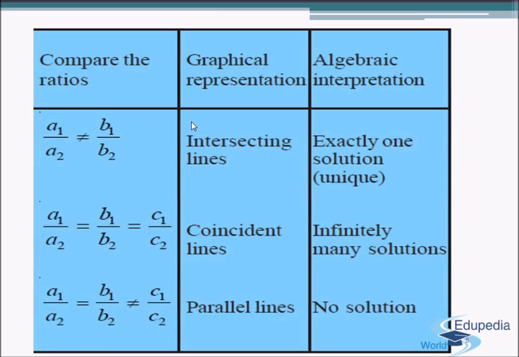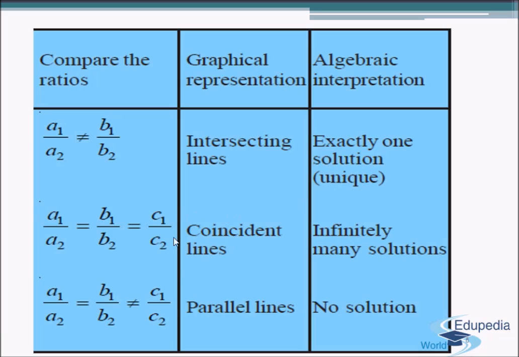Here's a tabular representation of what we have studied so far. If the lines are intersecting, then the coefficients of x and y are not equal in ratio, and we have exactly one solution.